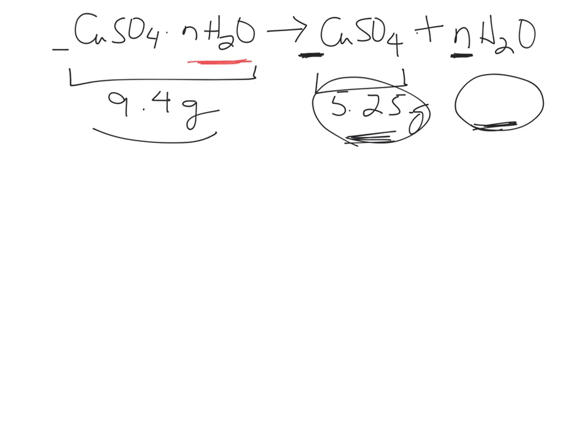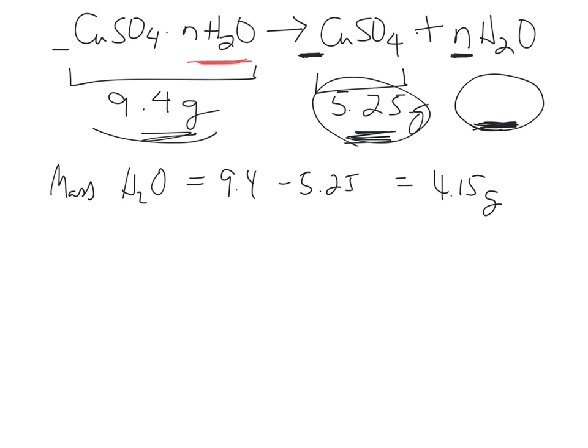Well, to get number of moles, remember I have to have mass, right? Well, I know what the mass of this is because I can just subtract this number from this number and then I get the mass of that because there's conservation of mass. So mass of water is just going to be 9.4 minus 5.25, which gives you 4.15 grams.